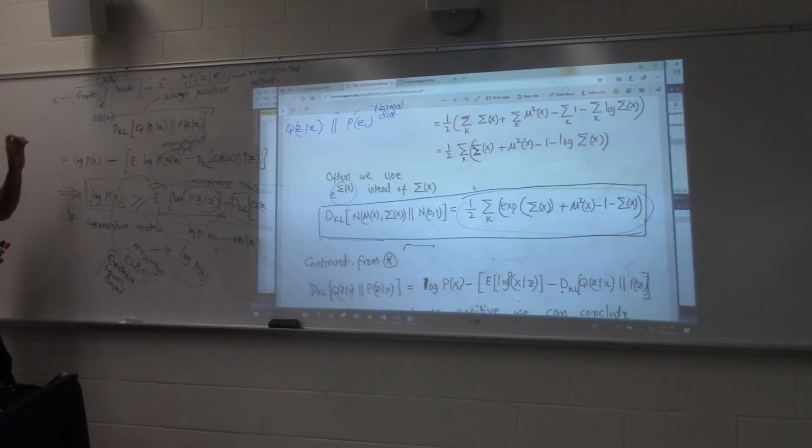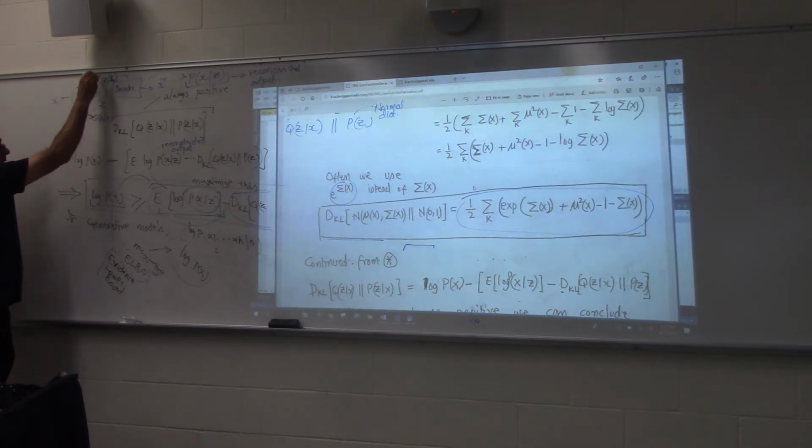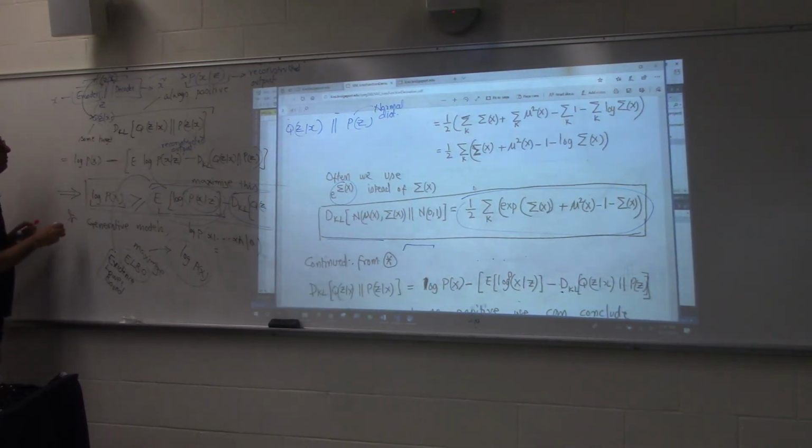So we started out by expressing the similarity between this and some target, Q of Z given X, which is produced by the encoder.